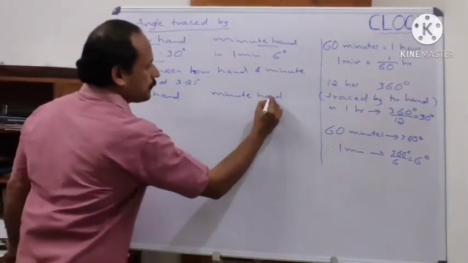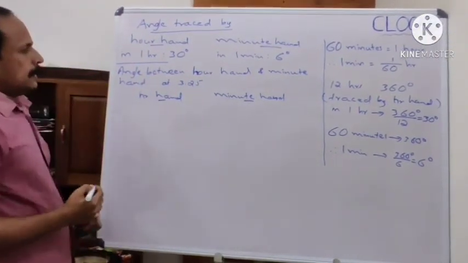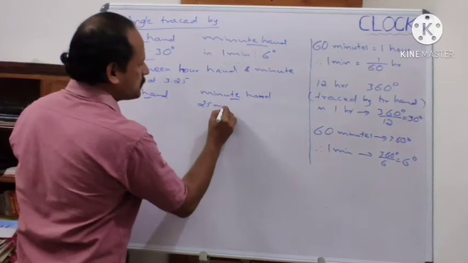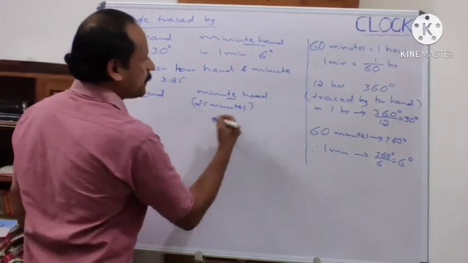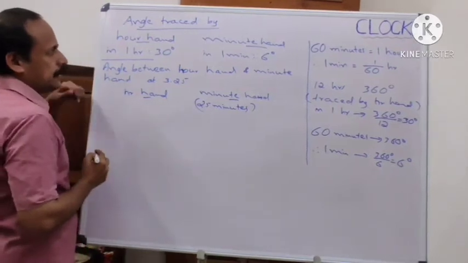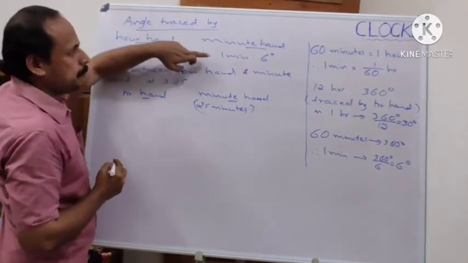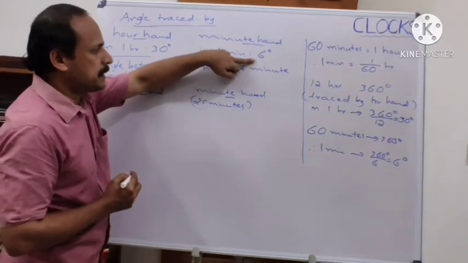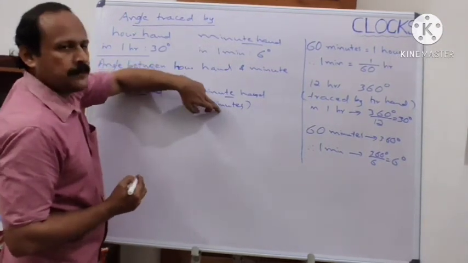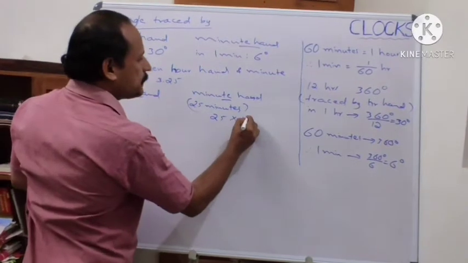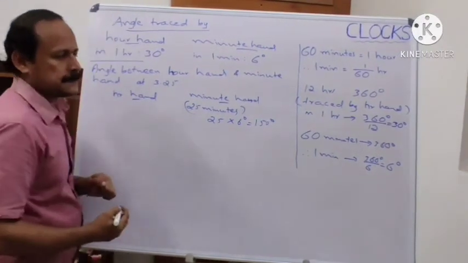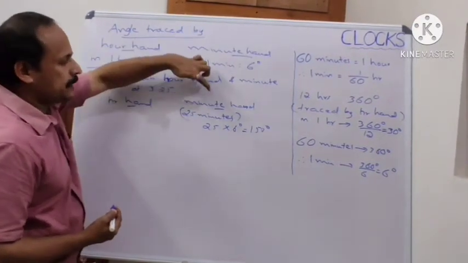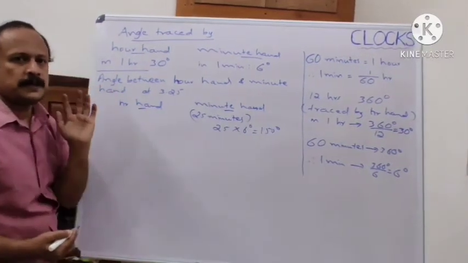Here, take the case of minute hand, that is 25 minutes. The angle traced by minute hand in 1 minute is 6 degrees. Therefore, angle traced by the minute hand in 25 minutes is 25 into 6 degrees, that is 150 degrees.